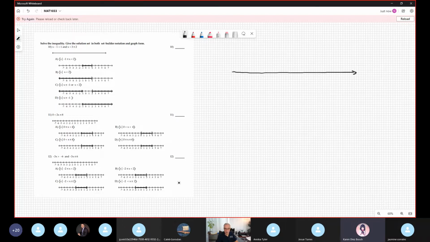This line represents all real numbers, from negative infinity to positive infinity, with 0, of course, in the middle. And suppose that you have one interval that is x greater than 3.